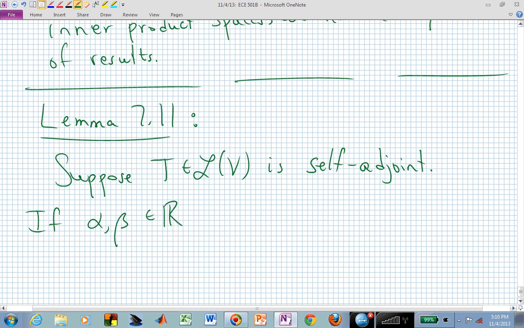Now assume that we have two numbers, alpha and beta, that are real, such that alpha squared is actually less than 4 beta.